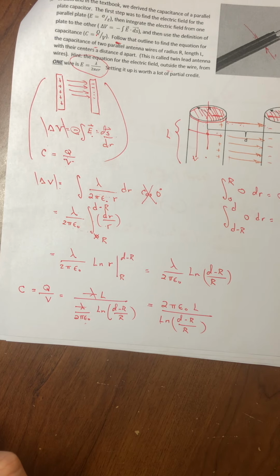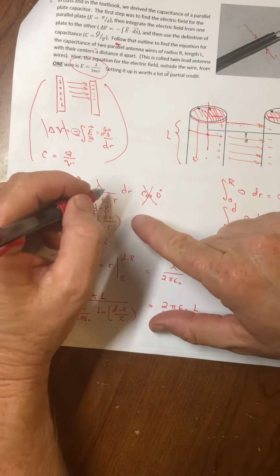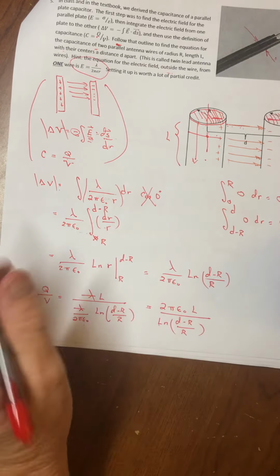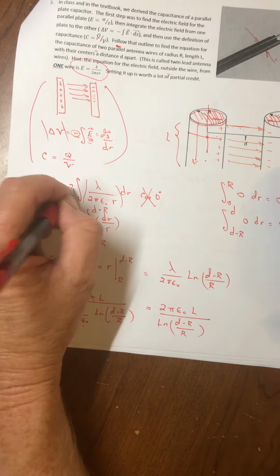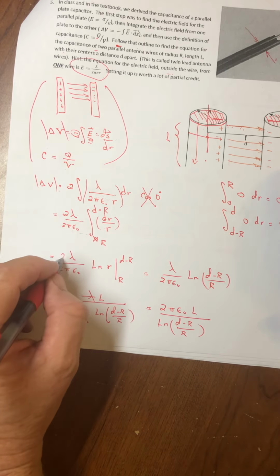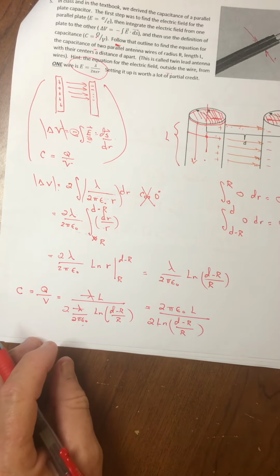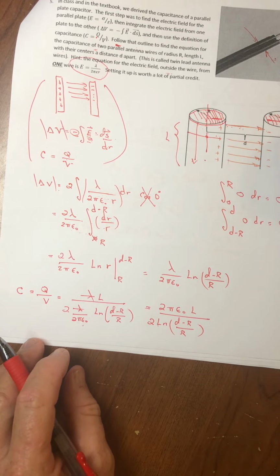Just dawned on me, and I got a little careless because I did this whole problem with the electric field from only one charged wire. So the total voltage would be double that, because I would have the same field effect from the one that is negative.